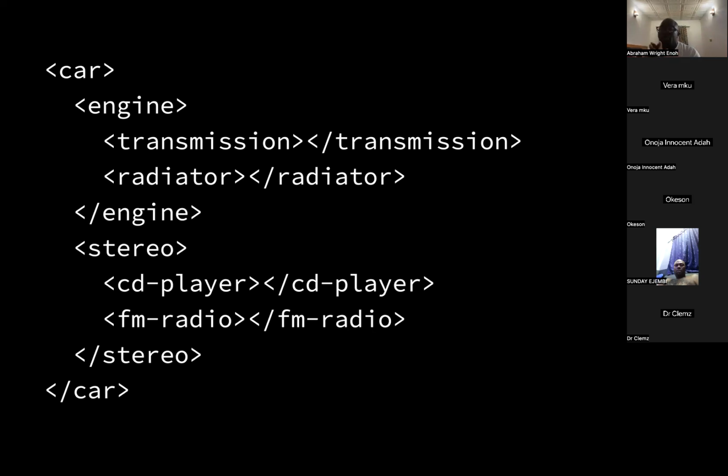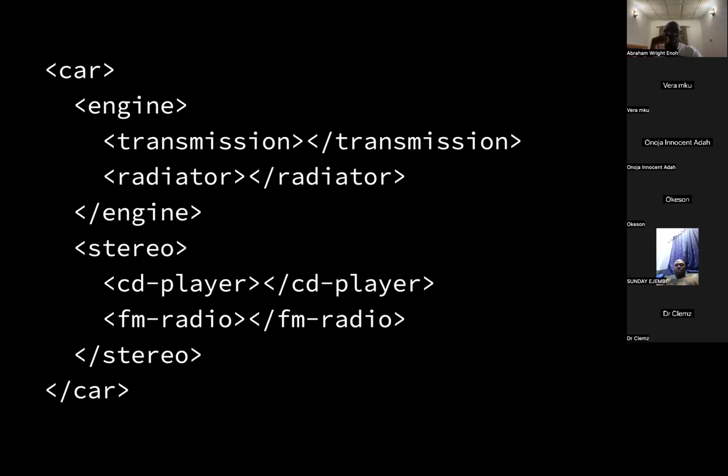started by telling you the sequence in which we write the code, like the parent is HTML, which encompasses the head, the body, and the footer, right? And then we use this use case of a car, bringing in the car engine, where in the engine section you have the transmission and the radiator. We are not limited to that, that is not the only thing you find in the engine.